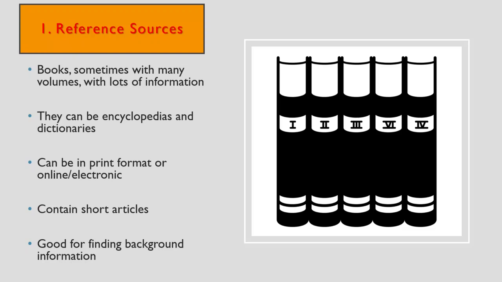They often contain short articles, so they're not as lengthy as a book would be. They can be from a few sentences to a paragraph to many paragraphs long. I'm referring to, for example, an entry in an encyclopedia. Encyclopedias and dictionaries are great for finding background information.